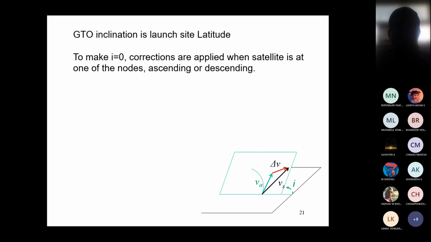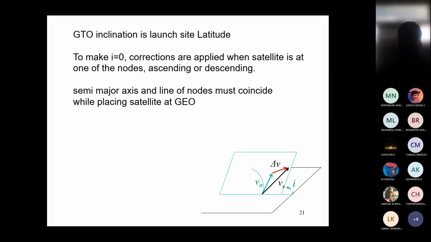Now, what correction do we have to do? Just have a look. So GTO inclination, launch site latitude. To make I equal to 0, that means while launching, to make the inclination angle equal to 0, we have to make some corrections. Those corrections are applied when the satellite is at one of the nodes, whether the satellite is at ascending node or at descending node.